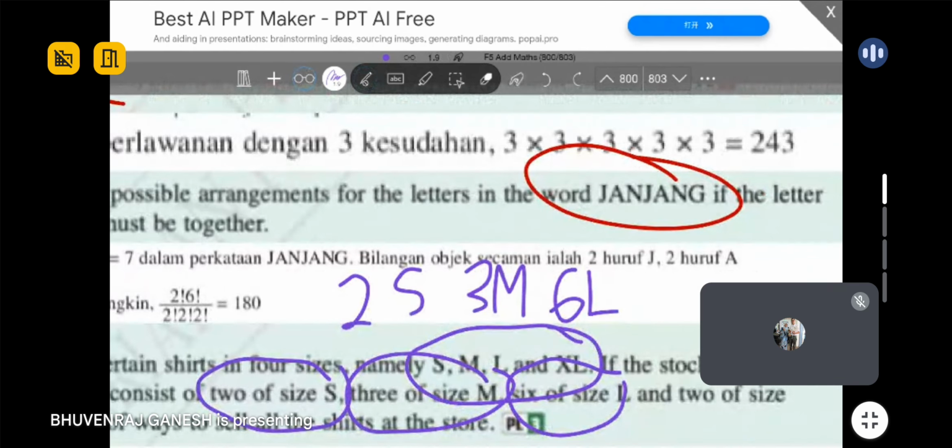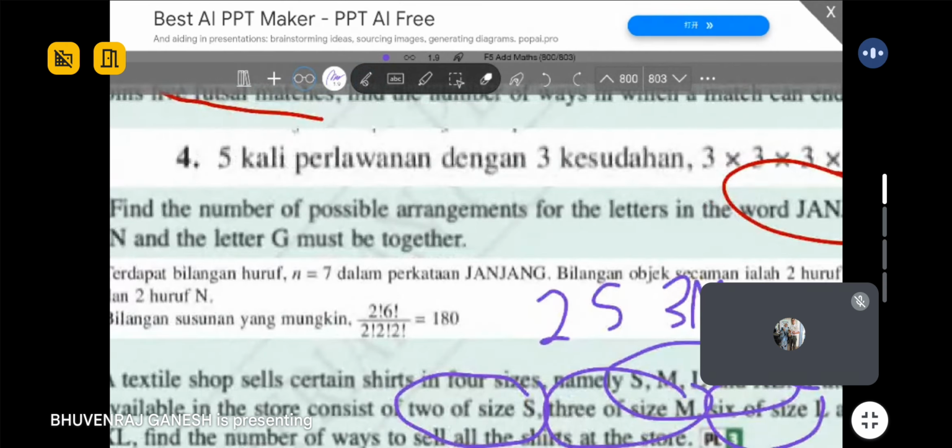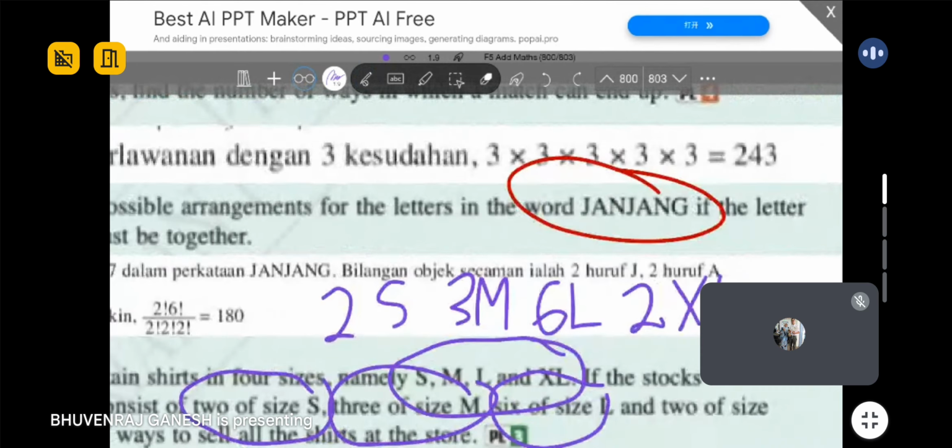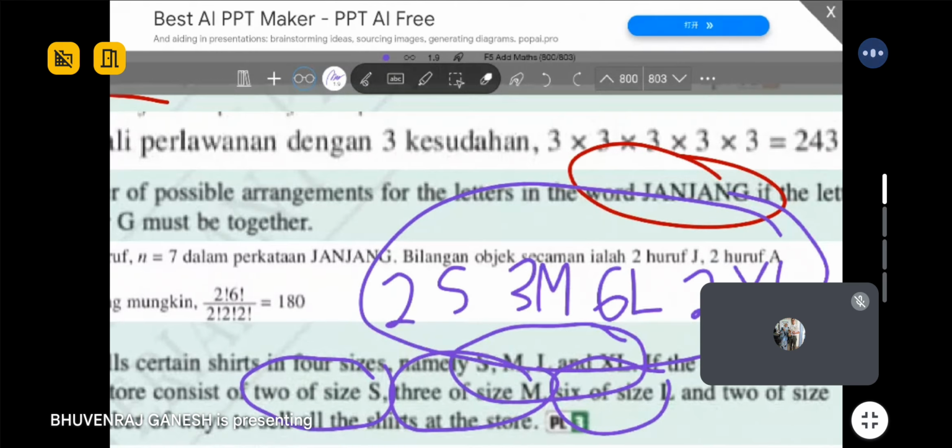So this is the condition here. The question is, find the number of ways to sell all the shirts. So macam mana saya boleh jual semua baju ni? Is this permutation or combination? Adakah ni pilih atau gabungan? Soalan ni.